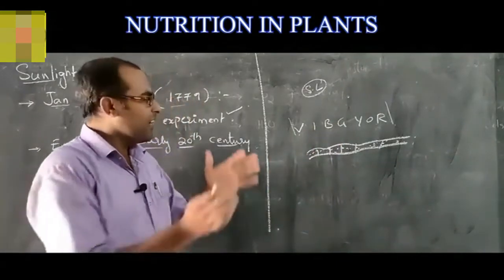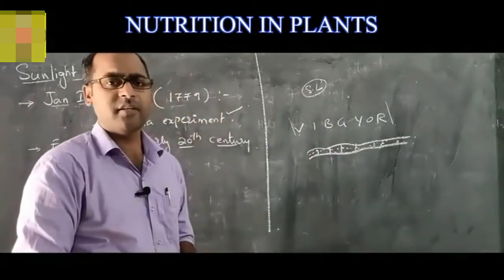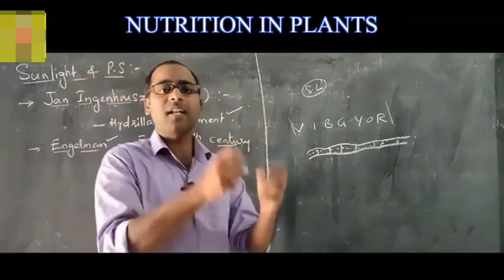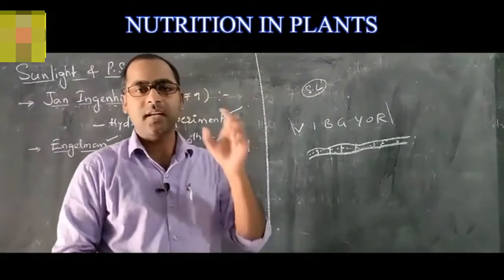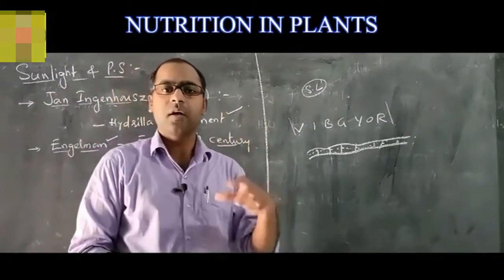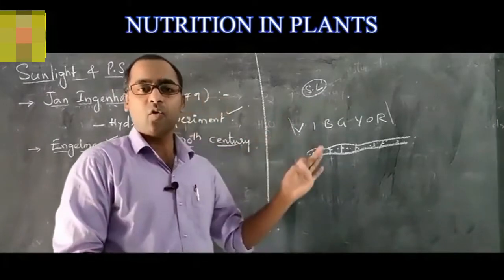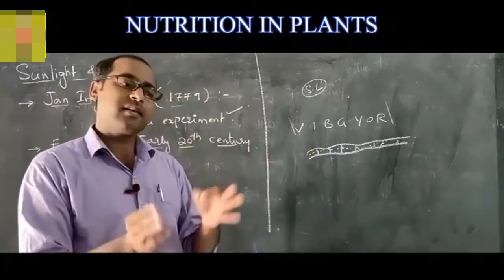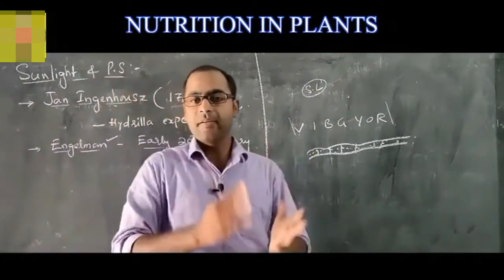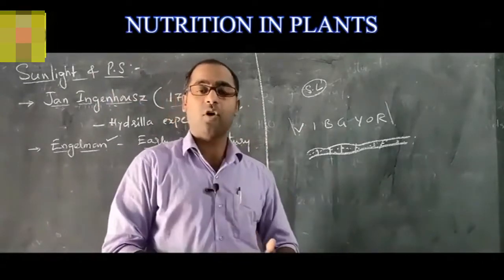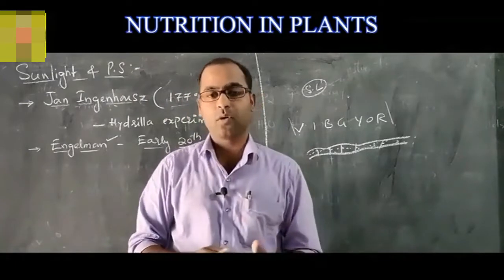Why did he perform this activity? He wanted to know which part of the light is necessary for photosynthesis. Light contains different colors, and he wanted to know which color is necessary for photosynthesis. Whether, since all the plants are green in color, the green light is necessary, or which light they absorb, which light they need more.